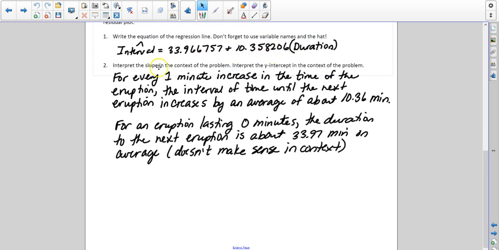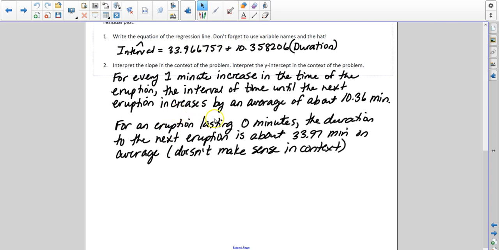We say that for every 1 unit increase in x, the slope tells us the number of units of increase in y, and this is an average. We need to use a weasel word because this is an approximation, because our regression line is always an approximation for the data. It doesn't tell exactly what the data is going to do. So that's why we need to say an average of about this. Now, the y-intercept tells us what the value of y is when x is 0.